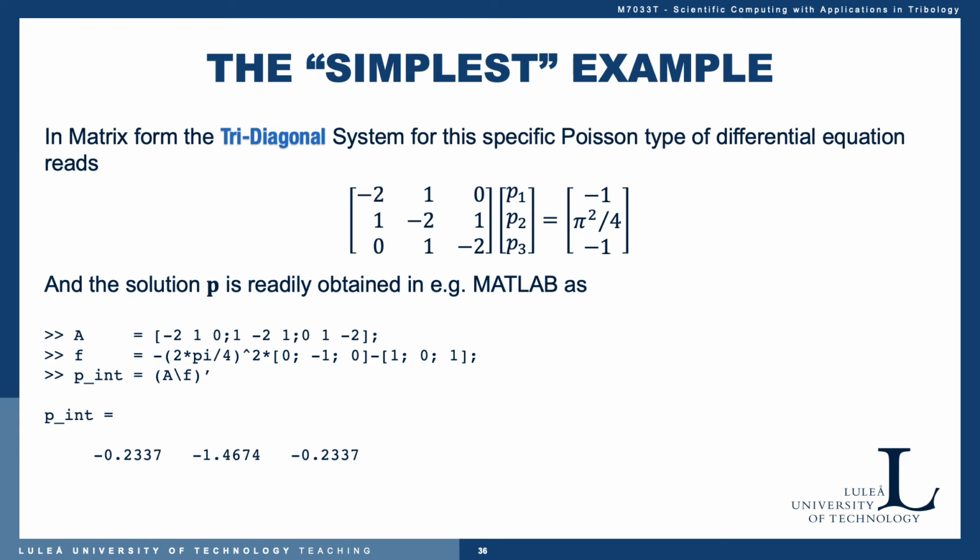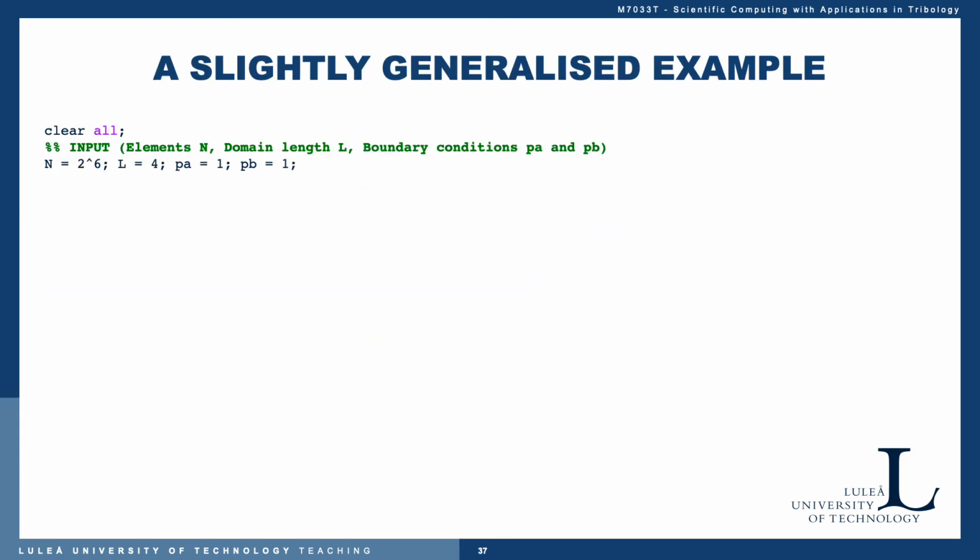That's the reason for the underscore int addition to P, by the backslash operator, and then we take the transpose of it just to print it as a row vector, not to take up too much space. So P_int just becomes these values. We can see it's symmetric over the middle of the interval.